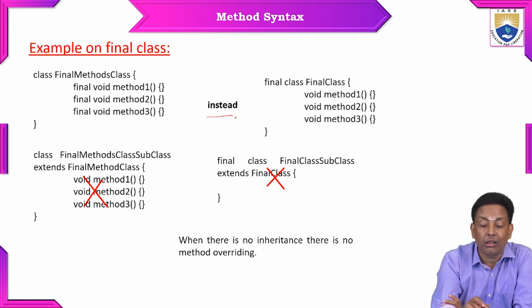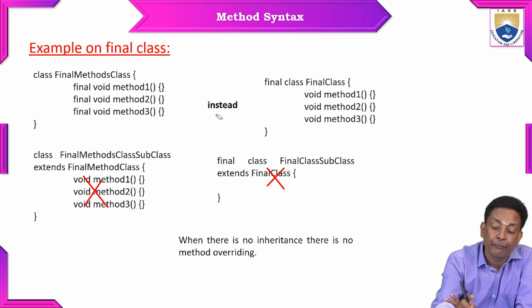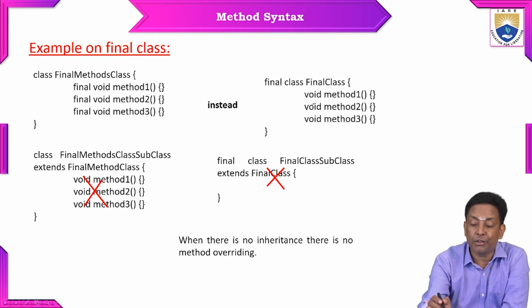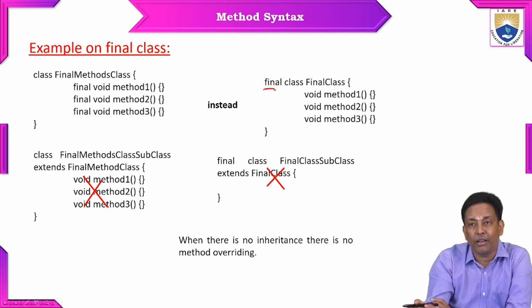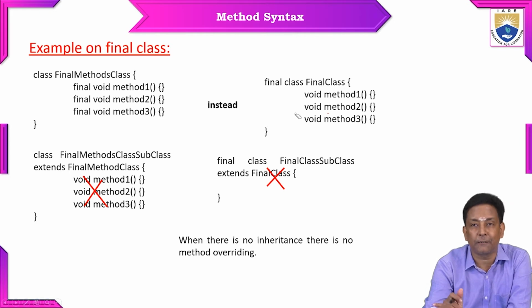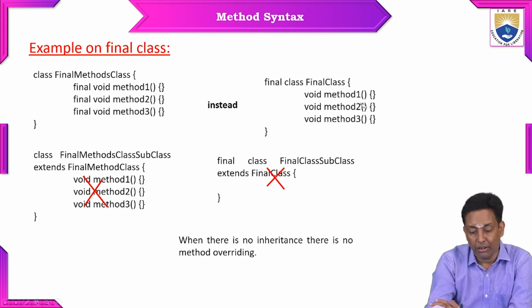Instead of declaring all the methods of a class as final and still allowing inheritance, declare the class itself as final. Declare the class final, finish. Methods need not be declared as final, because if the class itself cannot be derived, there is no chance of overriding the method, right? So declare the class itself as final.